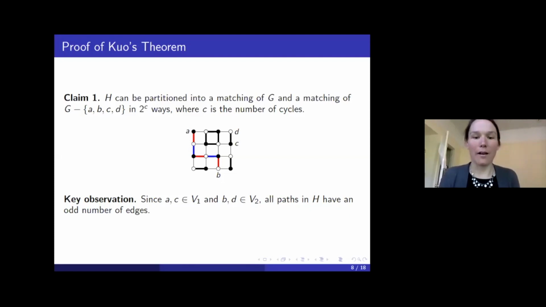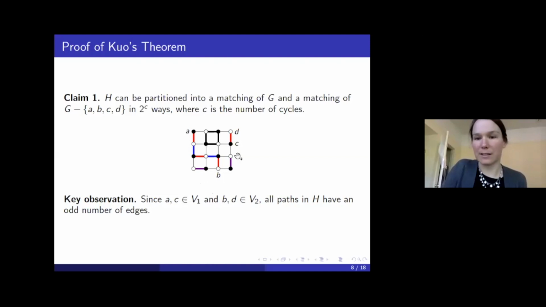Okay, right, so where was I? So we were talking about this path from A to B, and we partition the edges so that the red edges are going into the matching of G and the blue edges are going into the matching of G minus A, B, C, D. So then we can deal with the path from C to D in the same way, although in this case that path just has length 1.